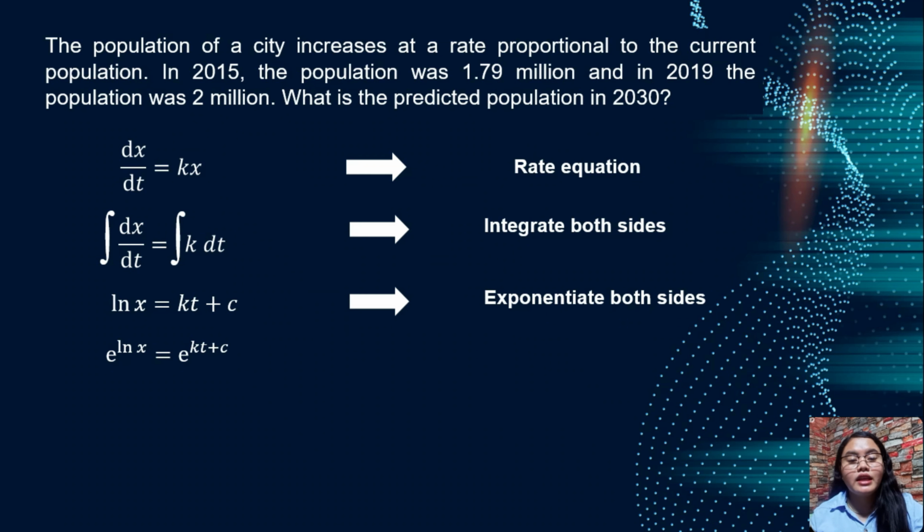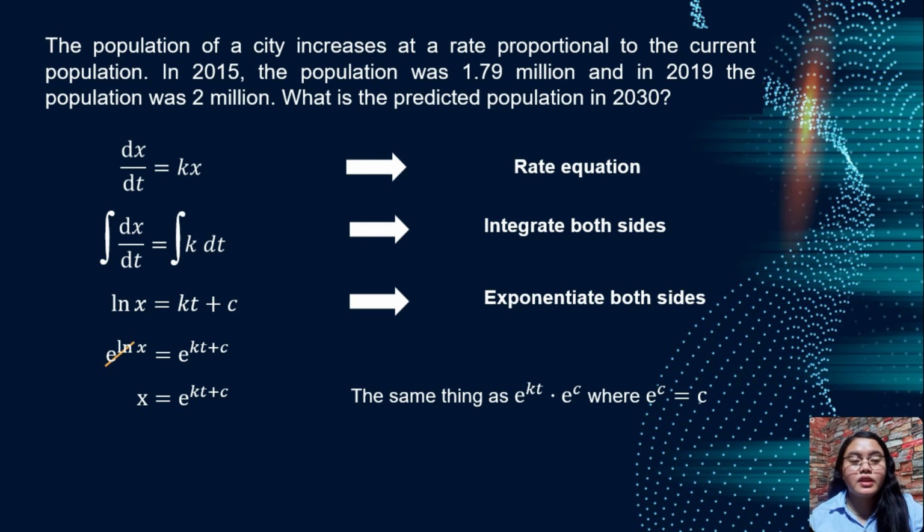And note that e raised to kt plus c is just the same thing as e raised to kt times e raised to c, and e raised to c is just equal to c. So we will eliminate the e and ln, and x remains.